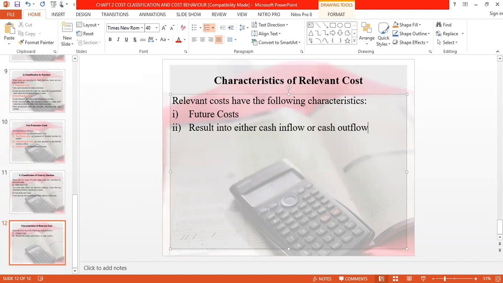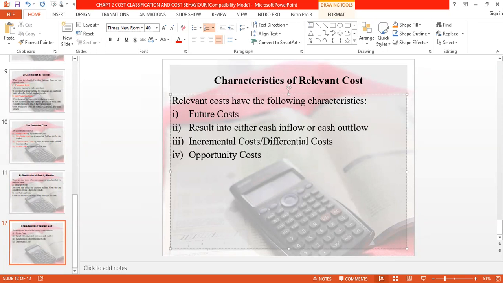So that is the second characteristic. The third characteristic, they are incremental costs, or what is called differential costs. The next characteristic is what is called opportunity costs.